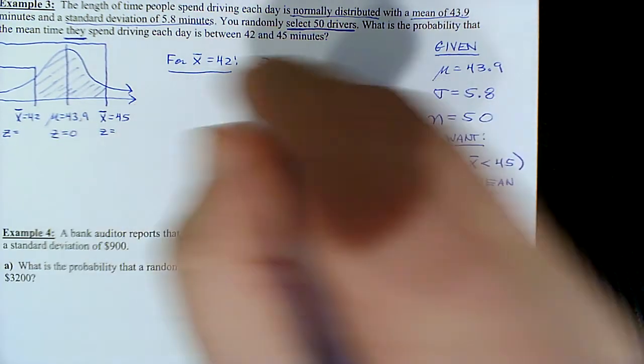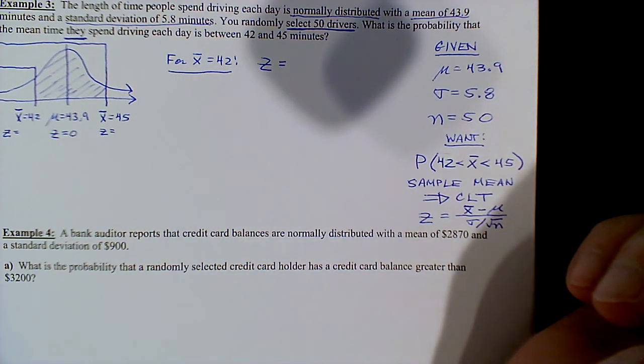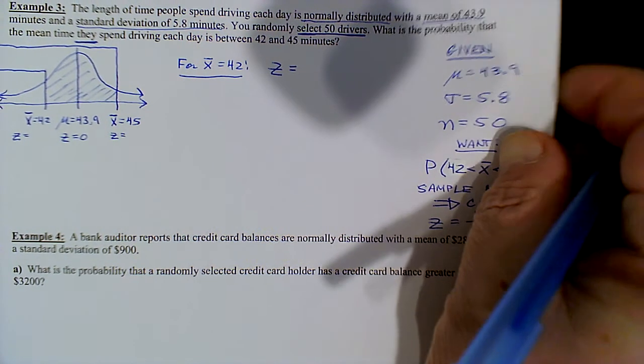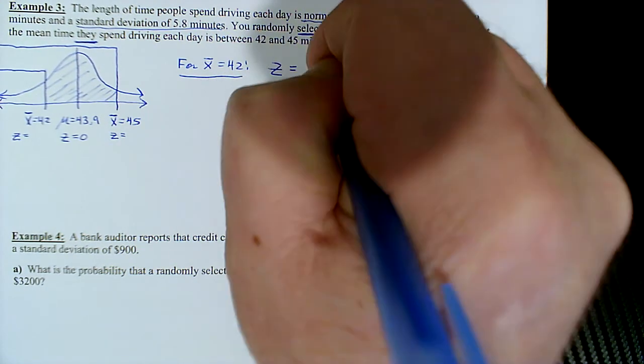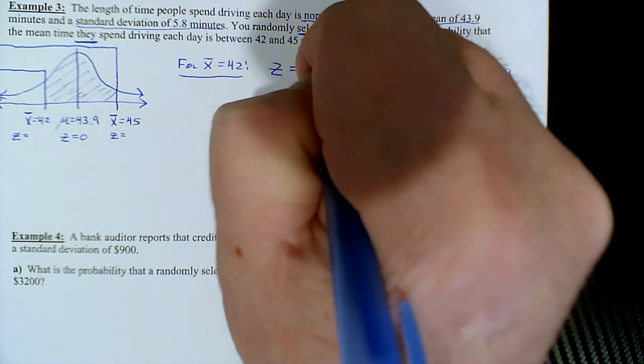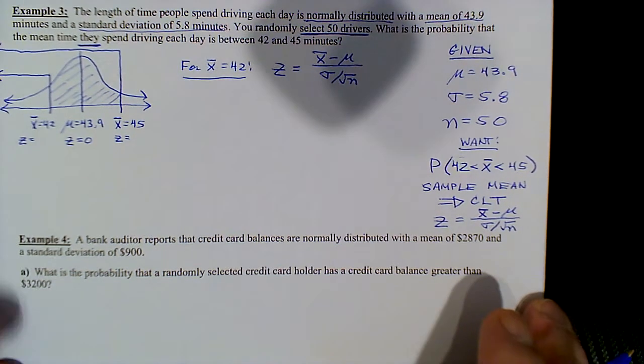Again, the z-score formula we need to use is the central limit theorem, because we're talking about the mean of a sample, x bar, and so the formula, once again, on our formula sheet, is x bar minus mu over sigma divided by the square root of n.